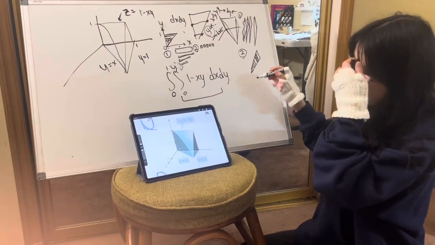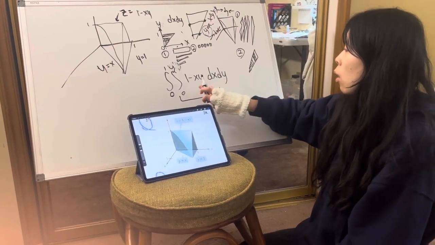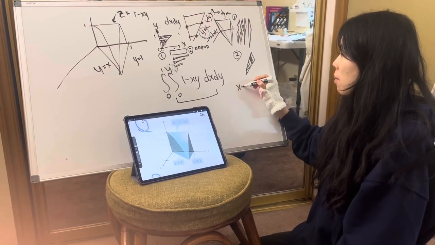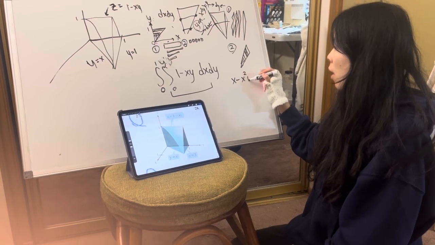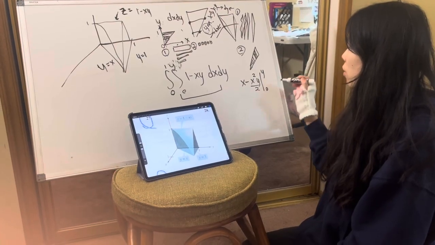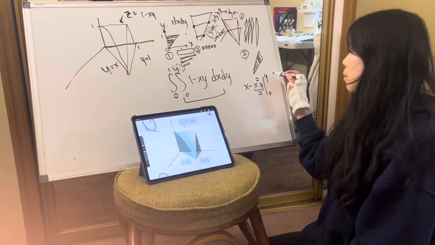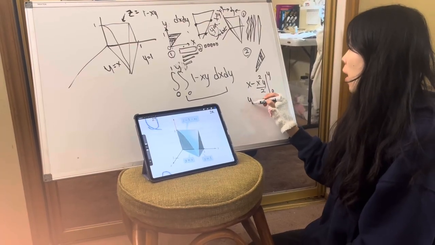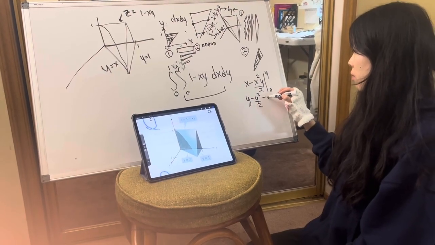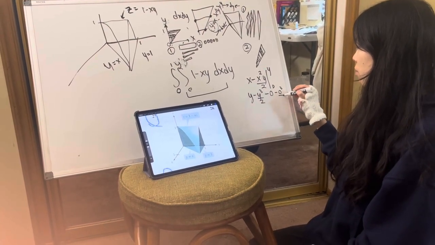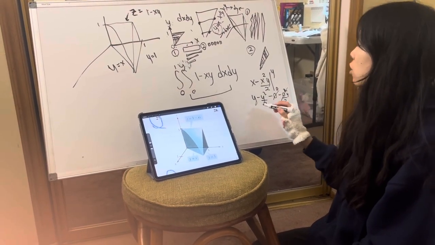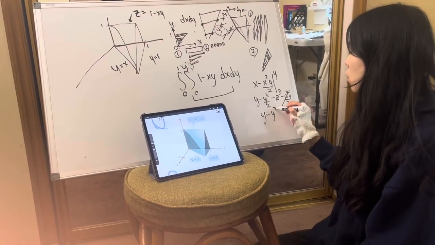Now let's try to actually evaluate this. Again, starting with the inner integral, treating y as a constant, evaluating gives x minus x squared y over 2, and then we go from 0 to y. Plugging y in for x gives y minus y cubed over 2, and then minus 0, which is nothing. So it just becomes y minus y cubed over 2.